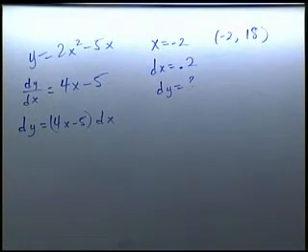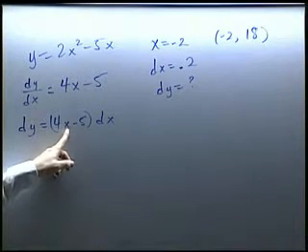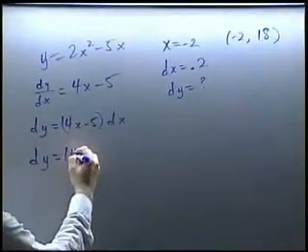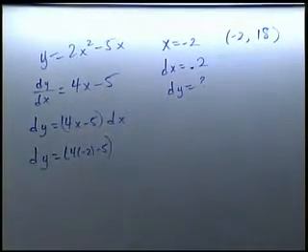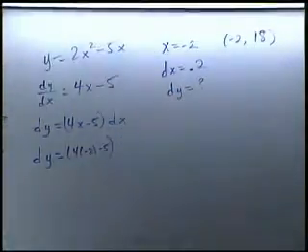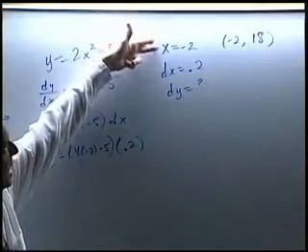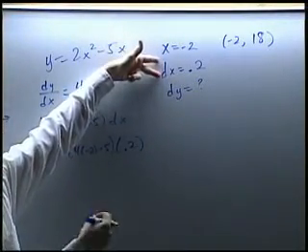What is the x value that I care about? Negative 2. So I sub in negative 2: 4 times negative 2 minus 5. And then how much is the x value changing? dx is changing by 0.2, right? In other words, I'm letting it start at negative 2, and by the time it changes, it will be at negative 1.8.